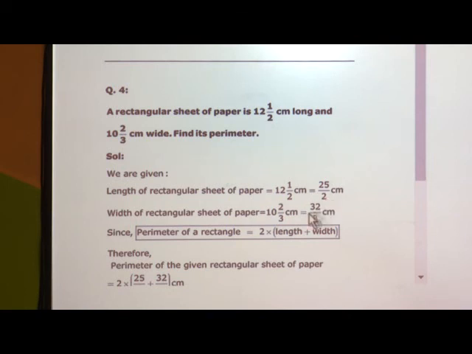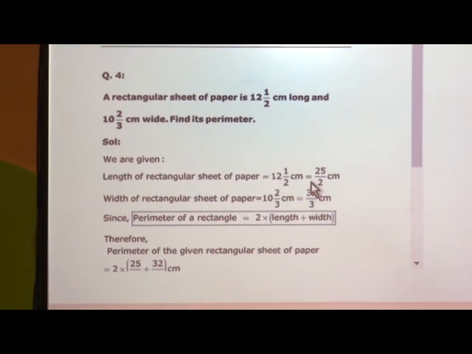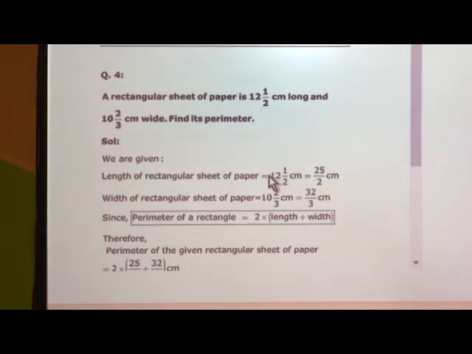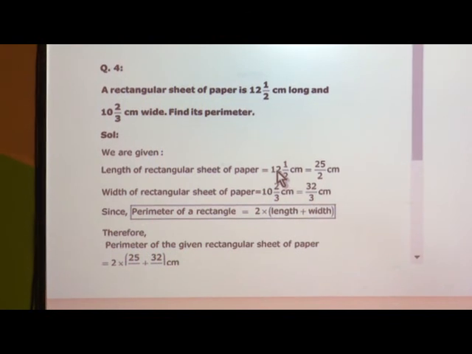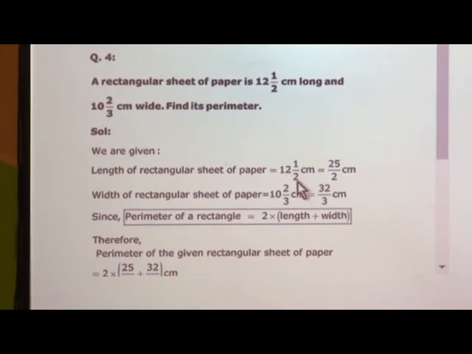Here we have both in a mixed fraction. First we have to convert these mixed fractions one by one into improper fractions. So, how to convert? I told you before, I will recall again. We have to multiply the whole number with the denominator, that is 12 multiplied by 2, and add the numerator.